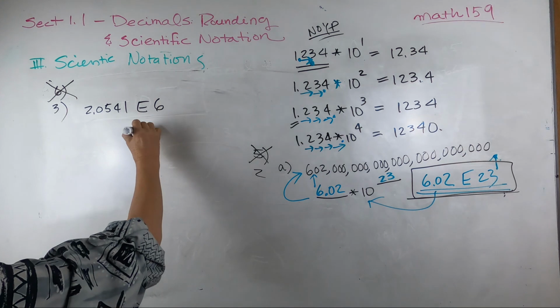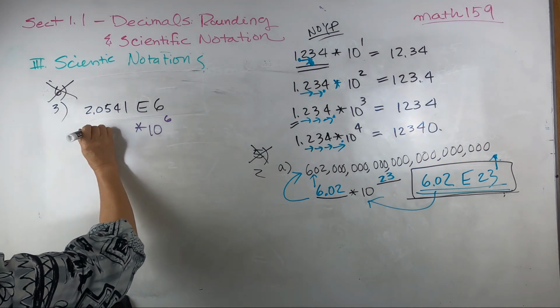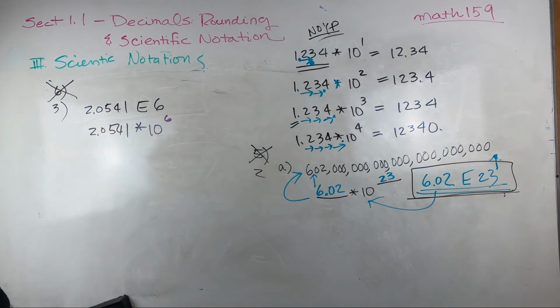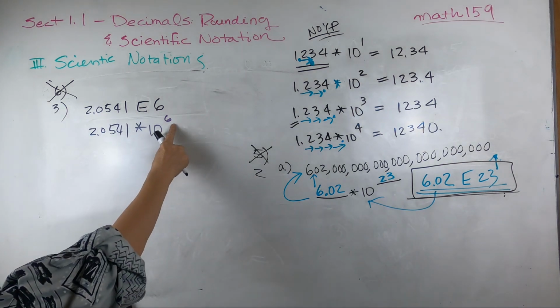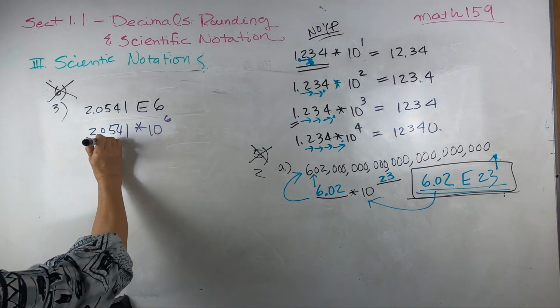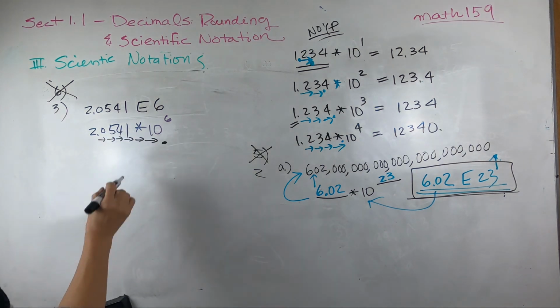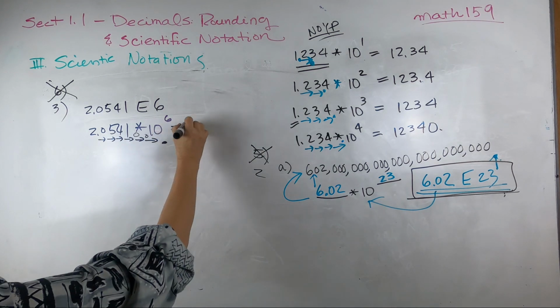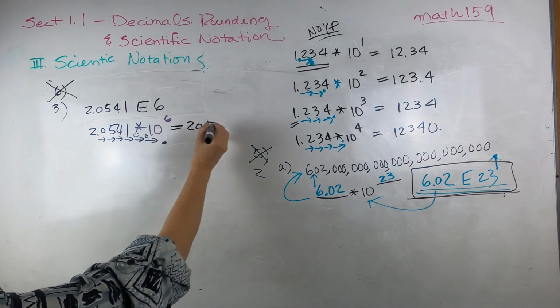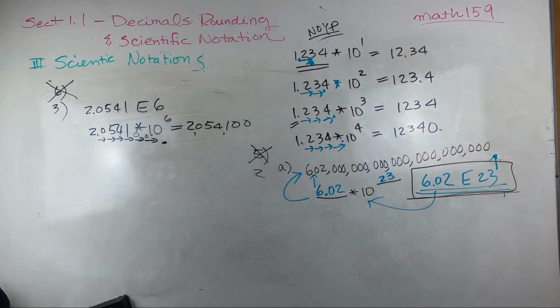It means times 10 to the 6th power with the original number 2.0541, right? So what's the actual number? 10 to the 6th power means we move your decimal point how many times to the right? 1, 2, 3, 4, 5, 6. That would be the places. Then for the empty places, you put a 0. So your number should be 2054100. Is that right? So that's the actual number.